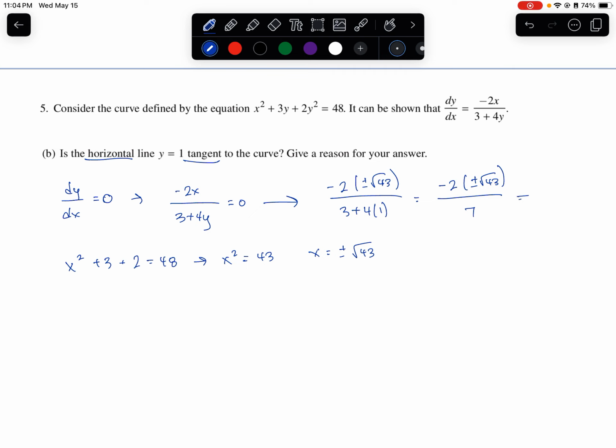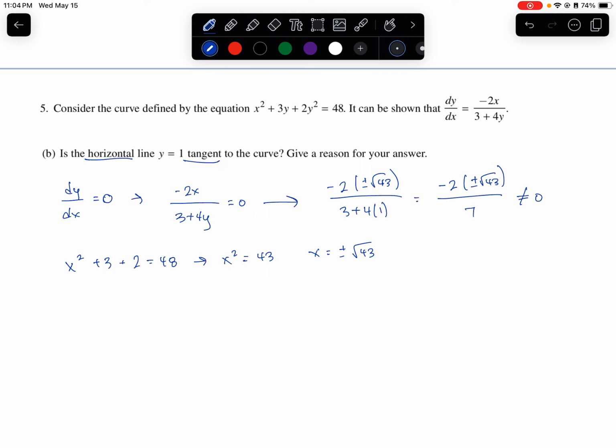Either way, this is not going to be equal to 0. So we don't get a slope of 0 when we plug in the coordinate that we have for y equals 1 and x equals that.